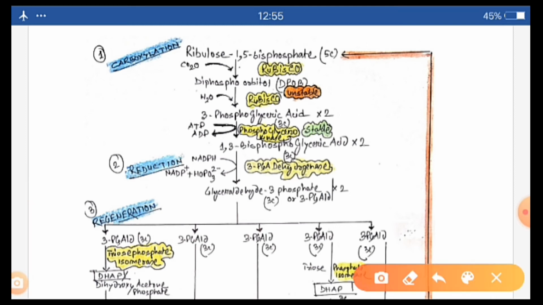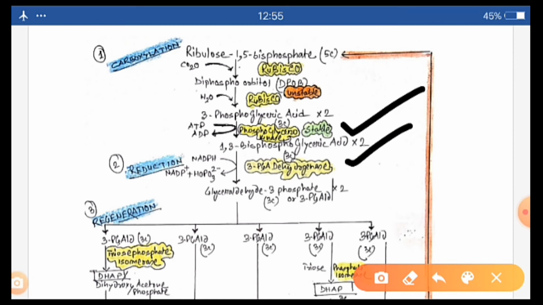In the next step, ATP is utilized, and here the process is governed by the enzyme phosphoglycerokinase. So ATP donates phosphate to 3-phosphoglyceric acid. As a result, ATP is converted to ADP, and 3-phosphoglyceric acid is converted to 1,3-bisphosphoglyceric acid.